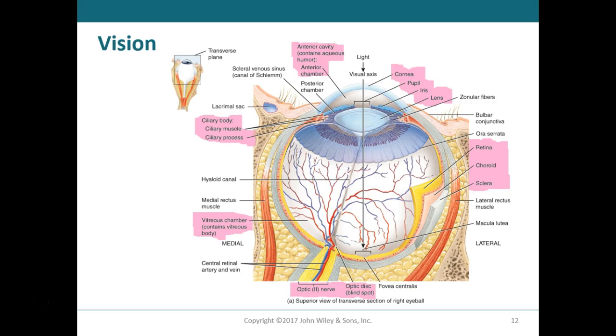When bright light stimulates the eye, the circular muscles of the iris contract and cause a decrease or constriction in the size of the pupil. So that allows less light into the eye. In dim light, those muscles relax, causing the iris to expand or the pupil to dilate, and that allows more light to get in.